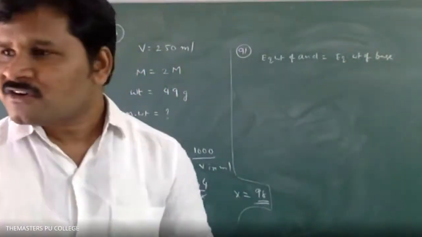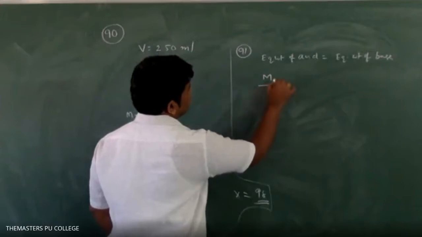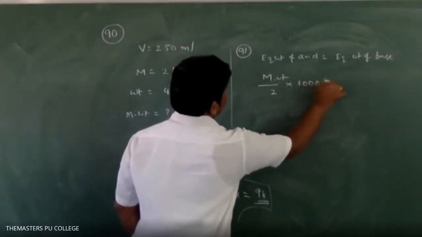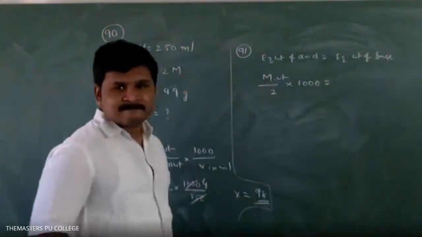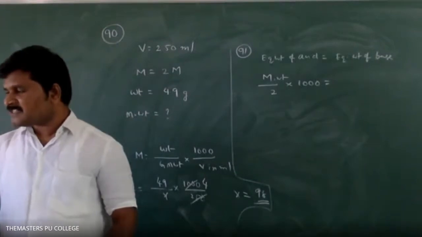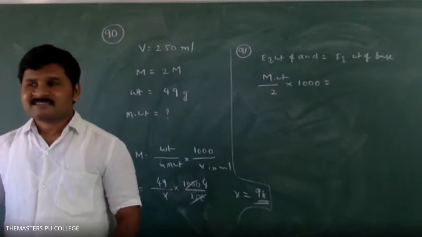But here we don't know the molecular weight, so I am taking M as the molecular weight, divided by basicity, into 1000. Why am I taking 1000? Normality means the number of gram equivalents present in 1 liter of solution.